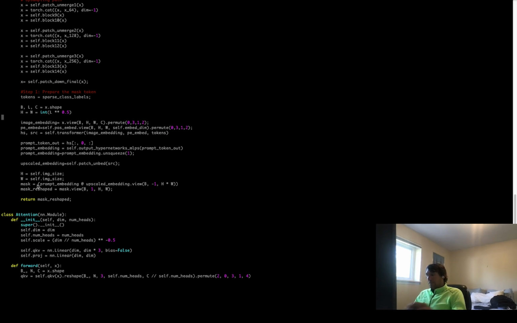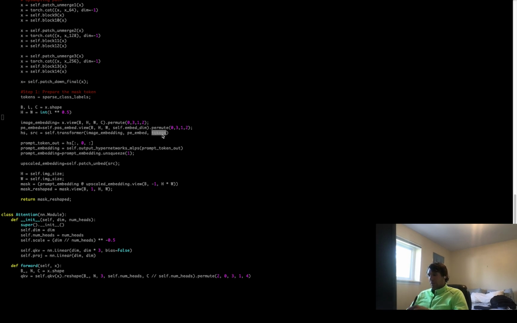The other question I have is, it's not really a question, but I think we need to rework this transformer. These position embeddings are being used by this transformer with the tokens, and that doesn't make any sense because these tokens are just classification tokens.